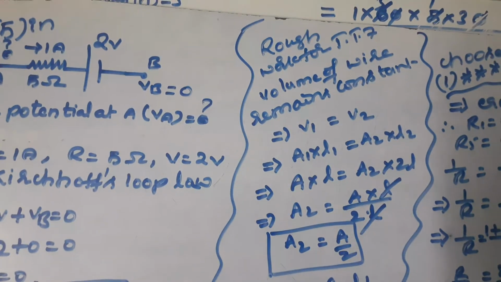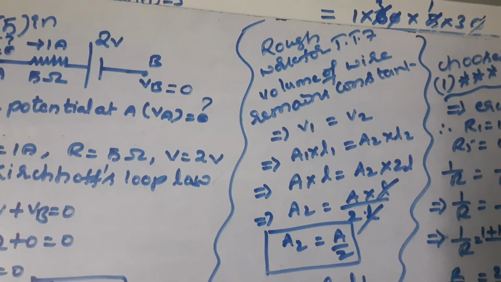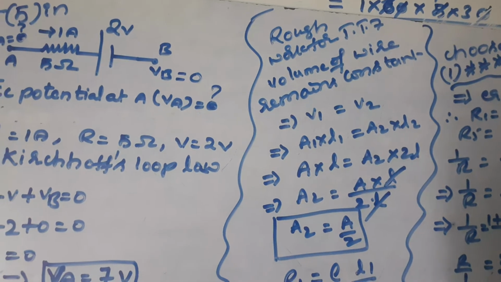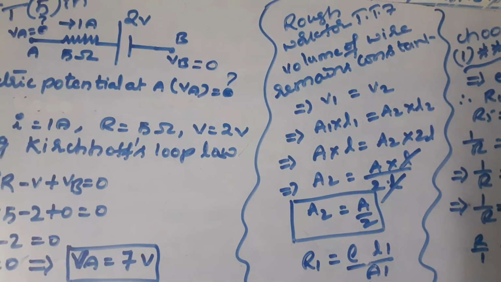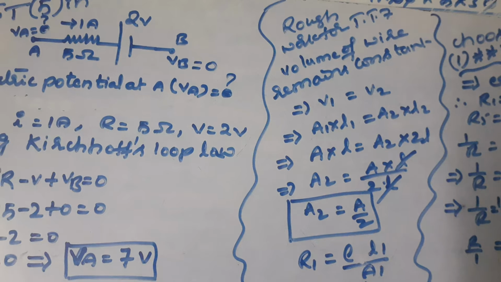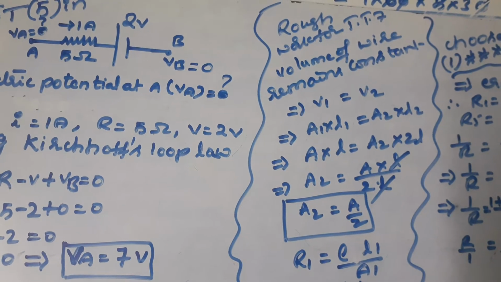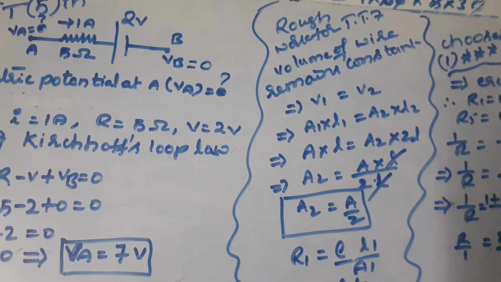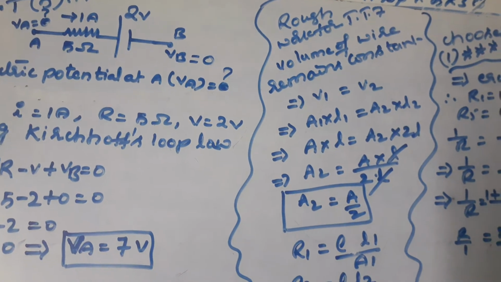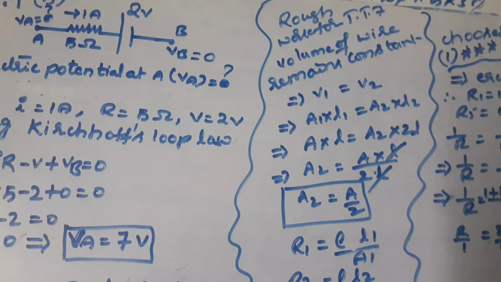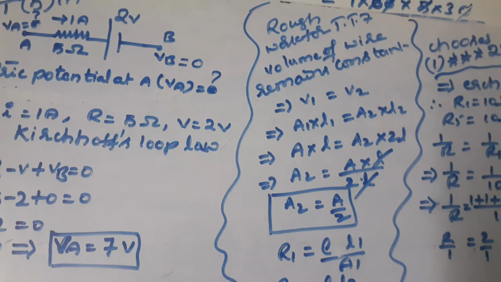But how can we find that the cross-sectional area is half of the initial one when the length becomes double, students? Rough work is there for try this problem number 7. The volume of the wire remains constant. Initially, with R1 and L1, the volume is V1; with R2 and L2, the volume is V2. But you know volume is cross-sectional area into length, A1 L1 equals A2 L2.